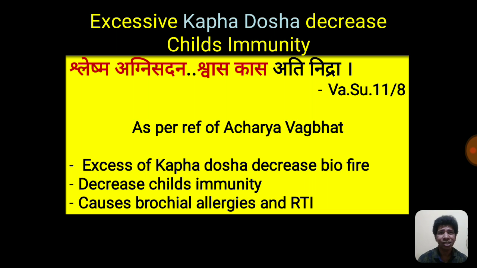So if there is an excess of vitiated kapha, it will decrease the immunity of the body and cause respiratory tract illness like Shwasa and Kasa. So indirectly our role is to find out where exactly this Shleshma is coming from in the body of a child.